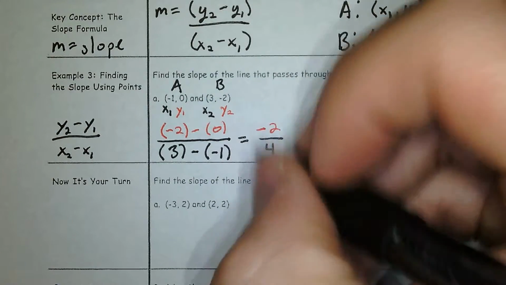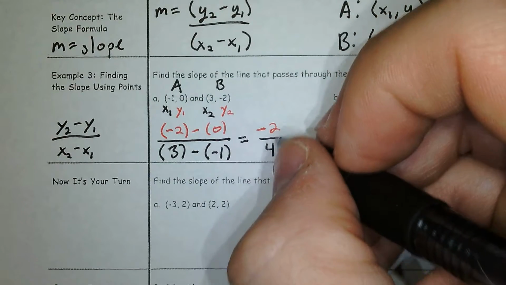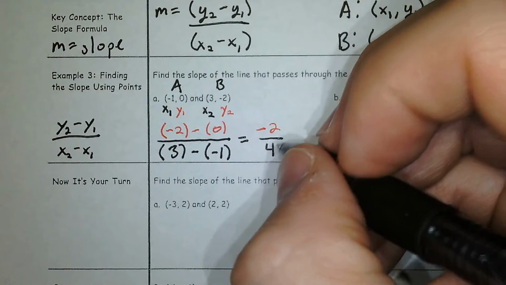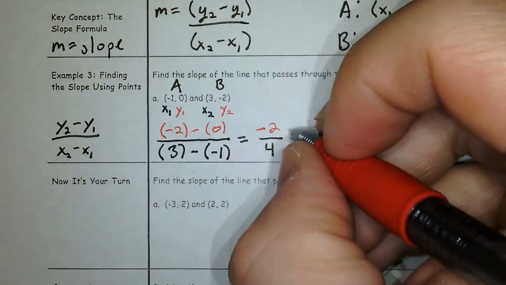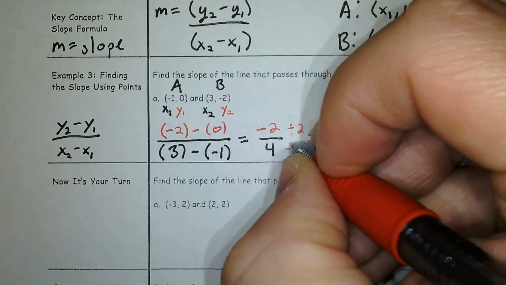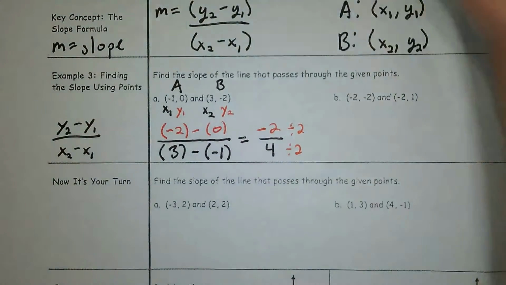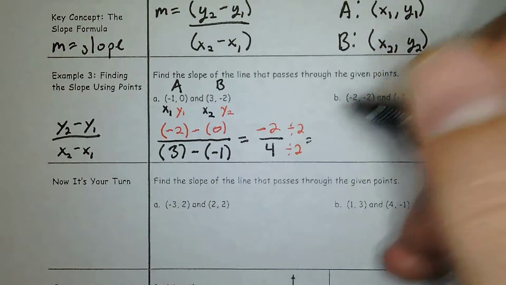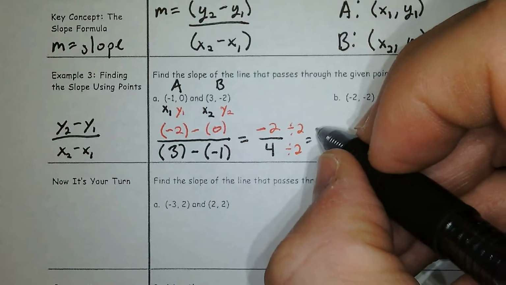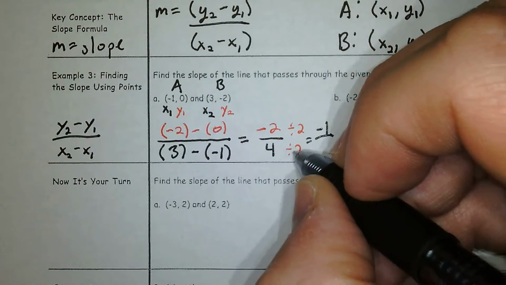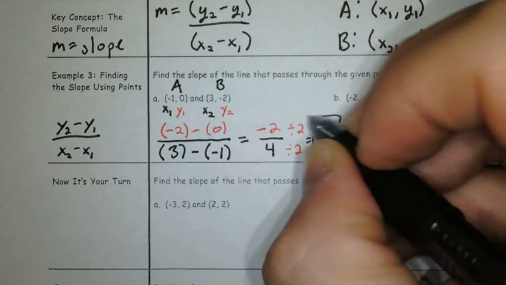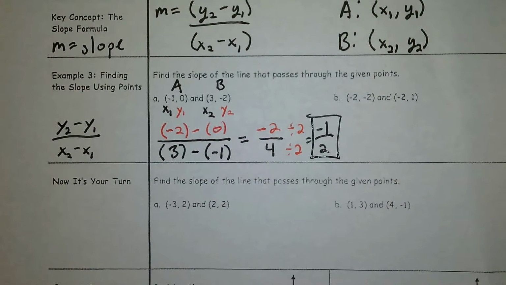Both numbers are even, so they're both divisible by 2. We take the top and divide by 2, and the bottom and divide by 2. Negative 2 divided by 2 is negative 1, and 4 divided by 2 is 2. That is my slope, negative 1 over 2.